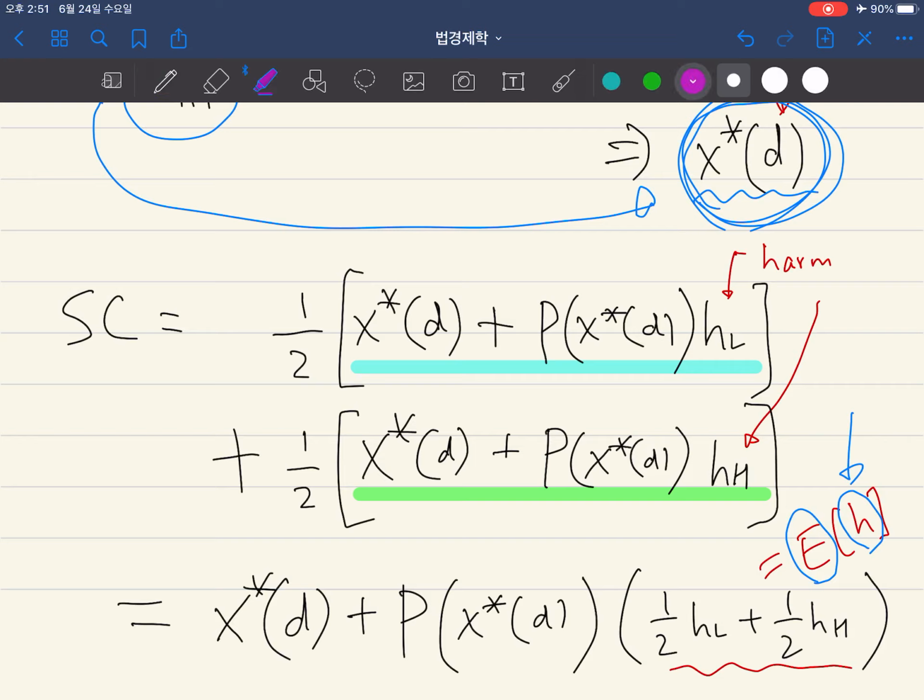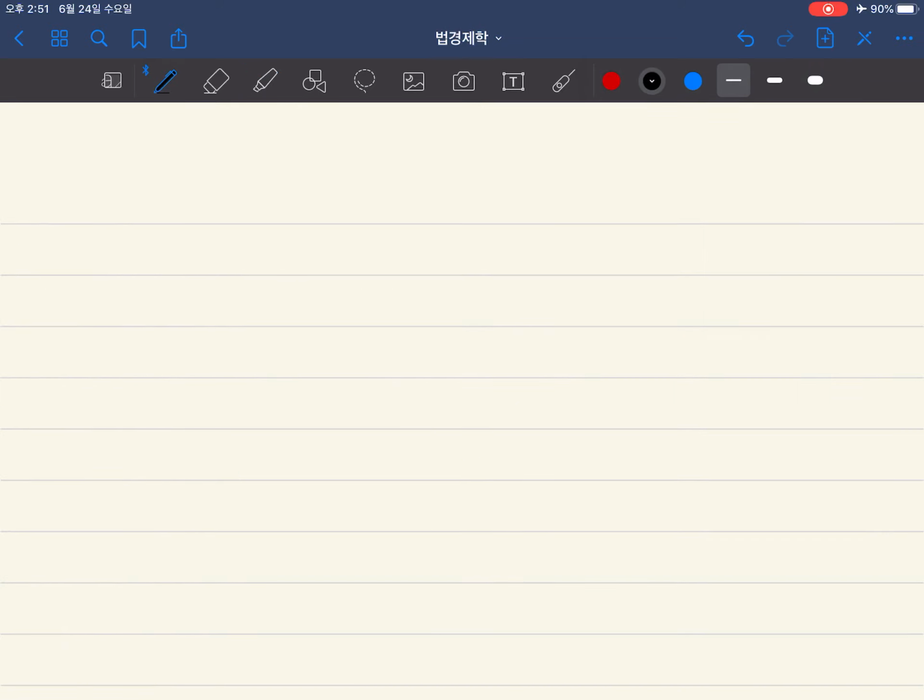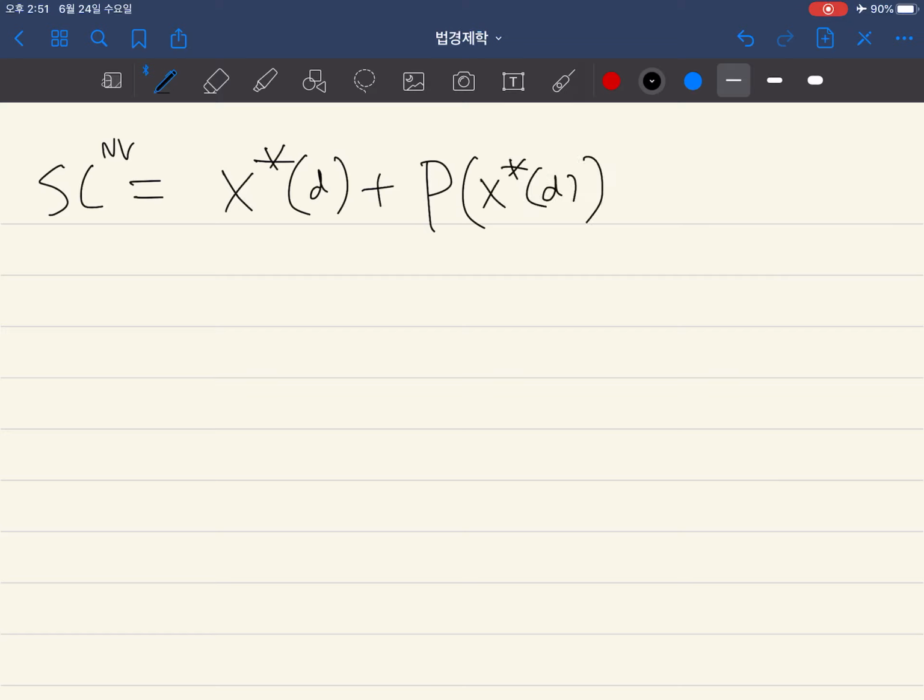So we found that this purple expression is expected social cost when the court makes an inaccurate decision. So social cost under no verification is this.